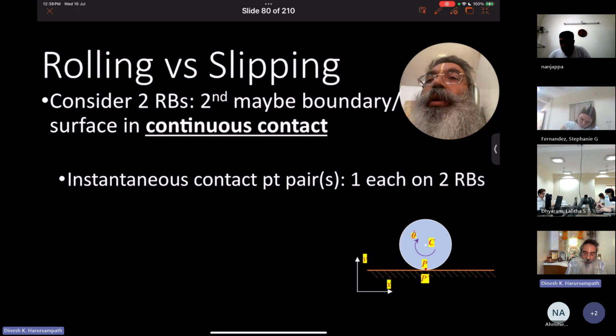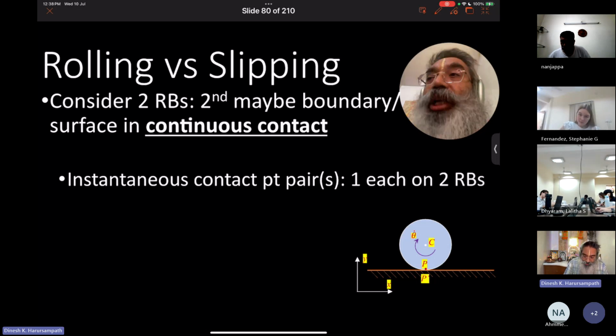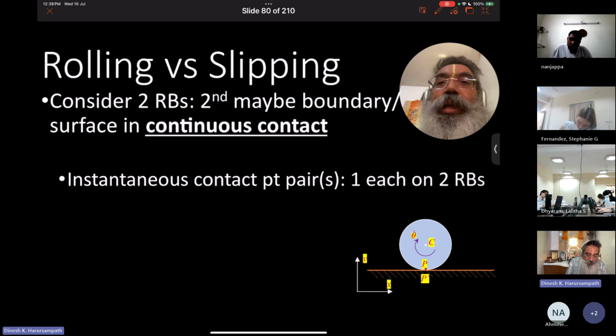The contact point, taken from the point of view of any of the bodies that are involved, is actually changing. But we are interested in the contact mechanics there without going into too much detail, because it's a separate subject and study by itself. You could have multiple courses on contact mechanics, but we are taking only one aspect of that, which is the point of contact and what actually happens there.